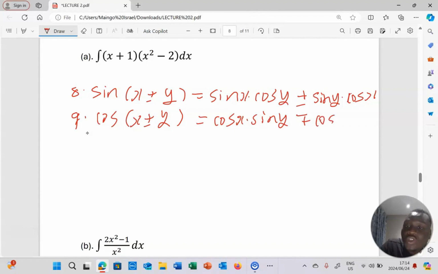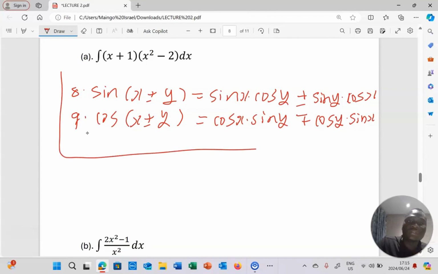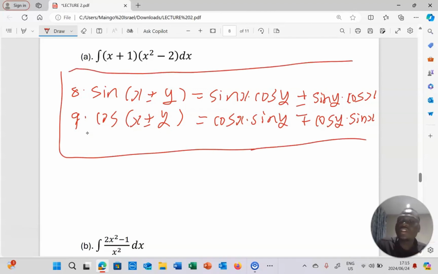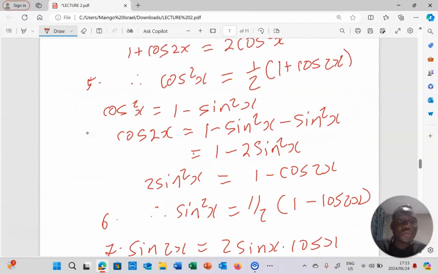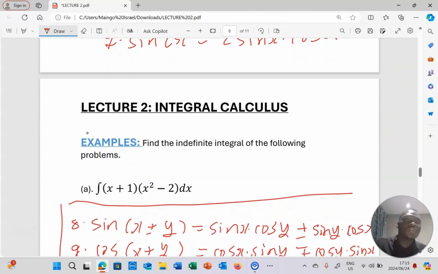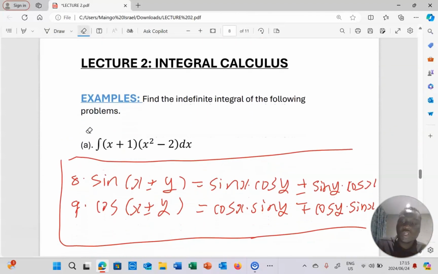So these are what you call the trigonometric identities, double angle, that we have to understand. So now we can move to examples.